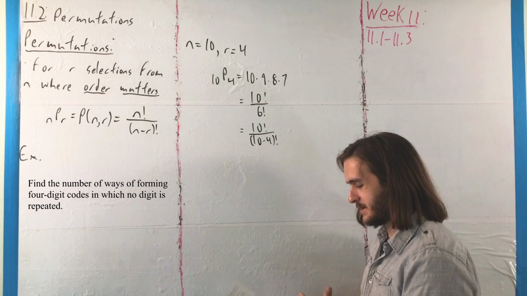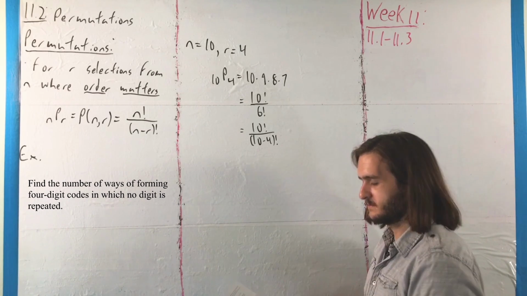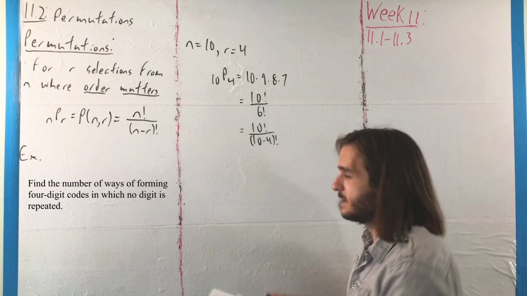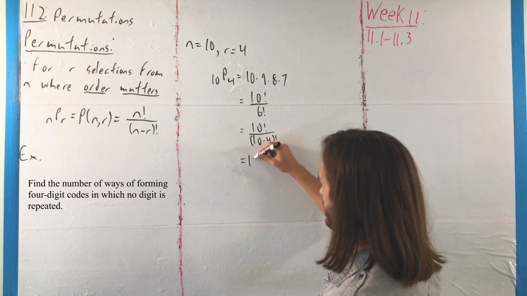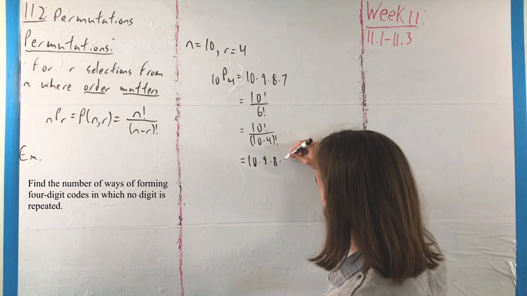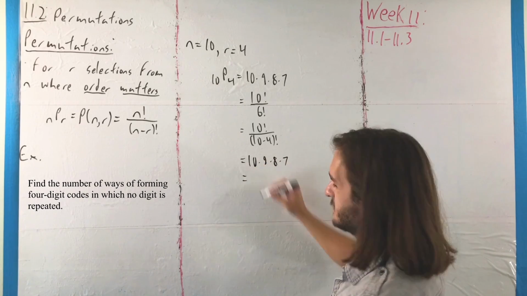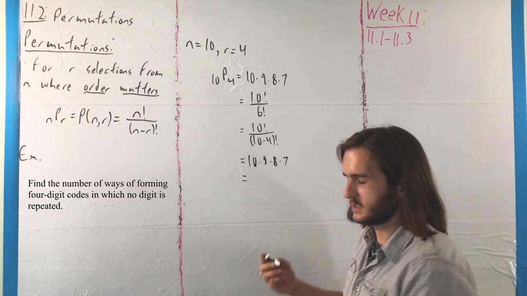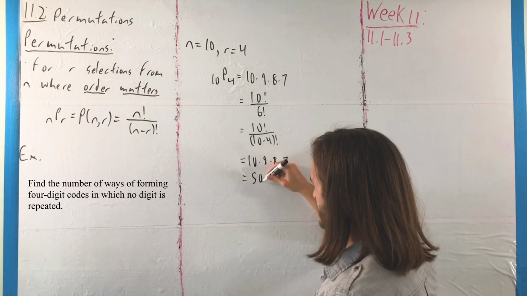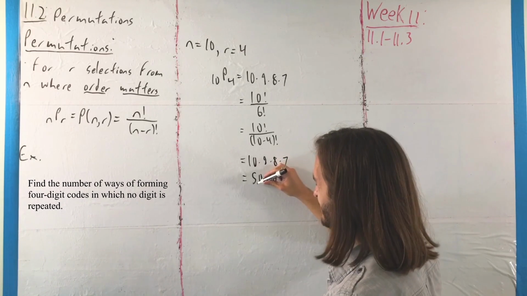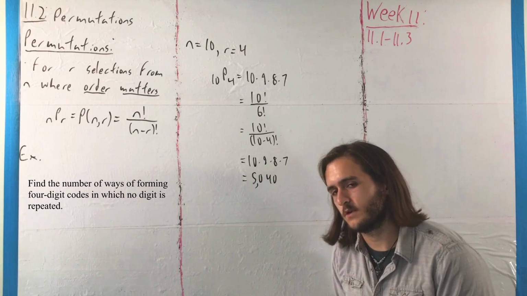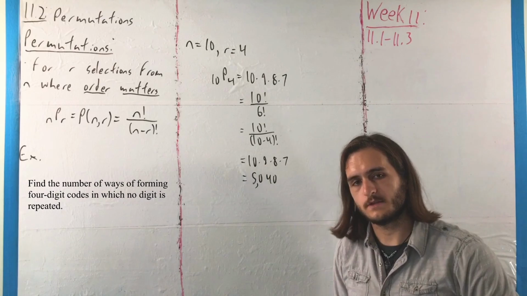To stop holding you in suspense, it ends up being 10 times 9 times 8 times 7, which is 5,040, a number we've seen before in a different sort of example.